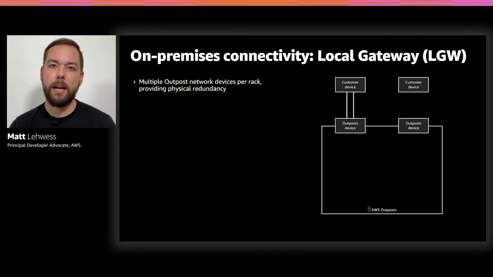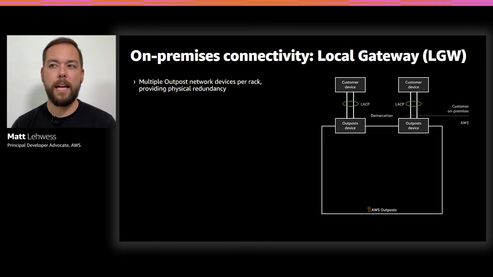So again, there is a demarcation there at the patch panel where you'll plug fibers into, and then we'll use things like LACP, or Link Aggregation Control Protocol, and that's going to allow us to have multiple connections per Outpost device to your switching infrastructure at your premises, and that's going to allow us to have a bit of capacity and redundancy there. So we can have 1 gig, 10 gig, 40 gig, or 100 gig connected from the Outpost through to your devices. And you'll notice here we do split it out into 2 different legs for redundancy.